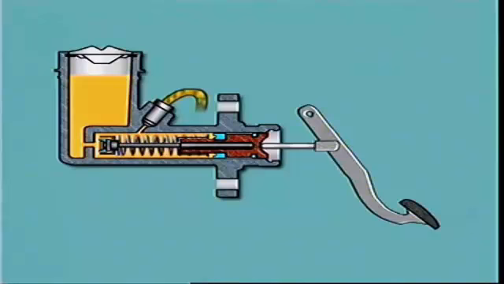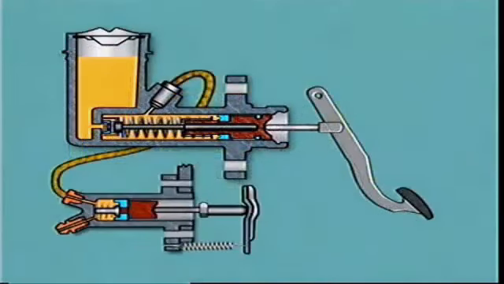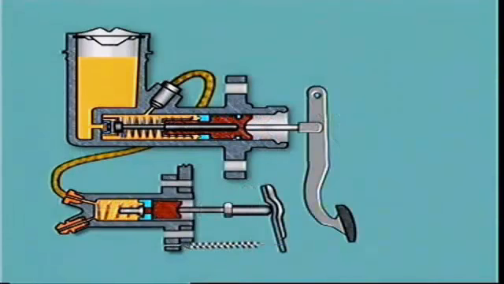When the pedal is initially depressed, the piston is moved forward, taking the valve assembly with it. The center valve closes off the inlet port from the reservoir, trapping fluid in the cylinder bore. Further piston movement displaces fluid through the outlet port and into the connecting lines to act on the slave cylinder piston.